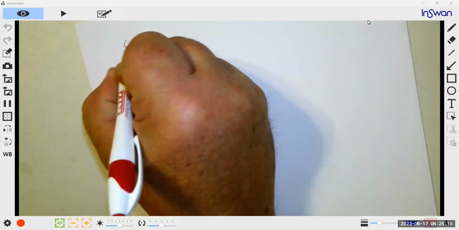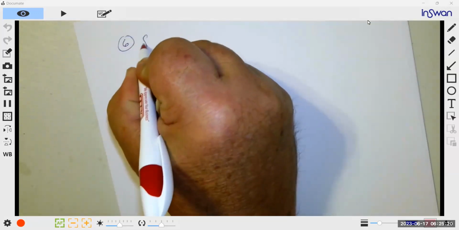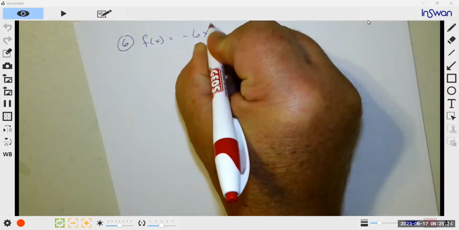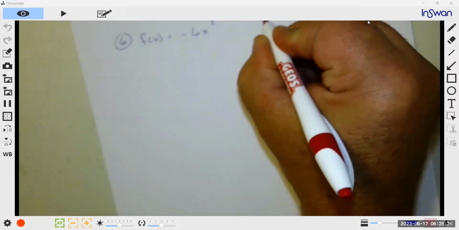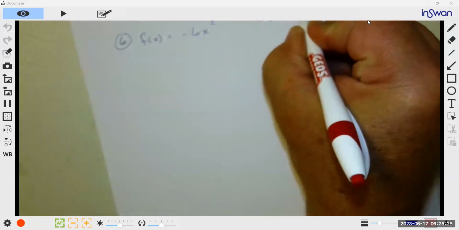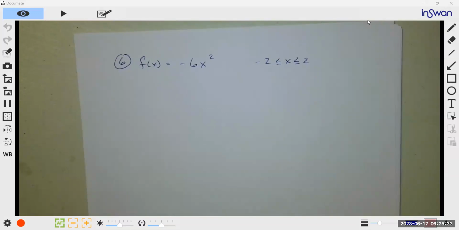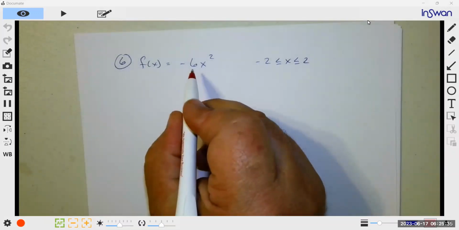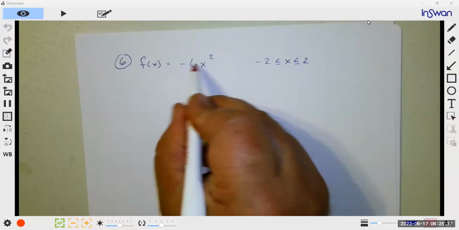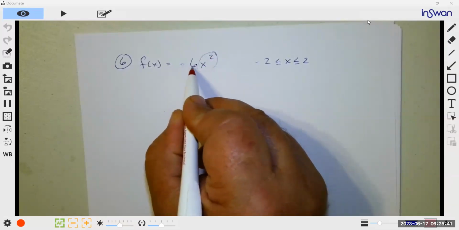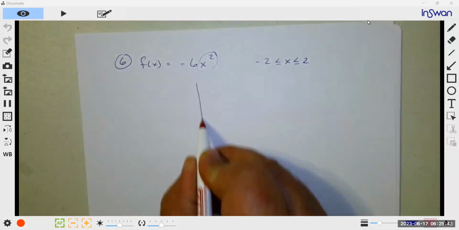Okay, we know what K of x is. Negative 6x squared from negative 2 to 2. It's a parabola pointing down, magnitude of 6.